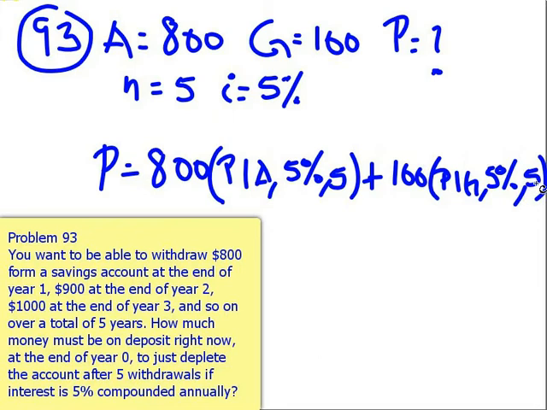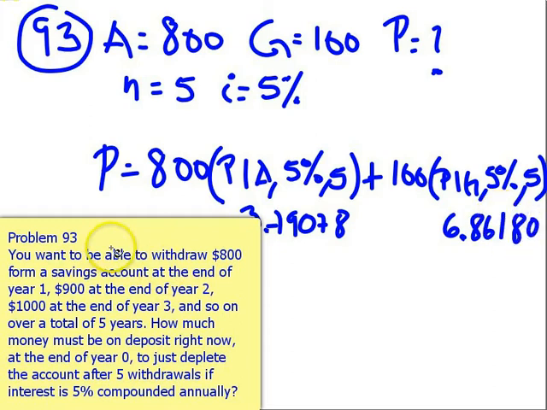When we enter these parameters in the formulas, we find that P given A, 5% and 5 periods, is 3.79078, and P given G, 5% and 5, is 6.86180.